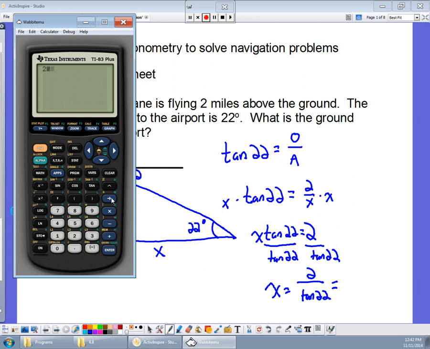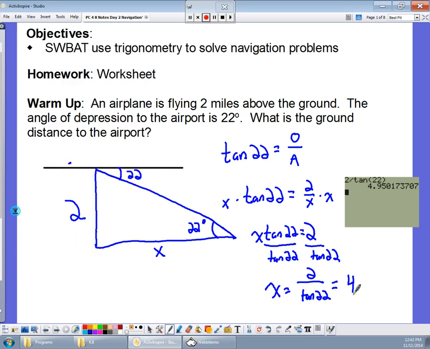So 2 over tangent of 22, and you get 4.95. And that's miles, so that would be your final answer. So that's just a quick review of the easier types of problems we were doing yesterday.